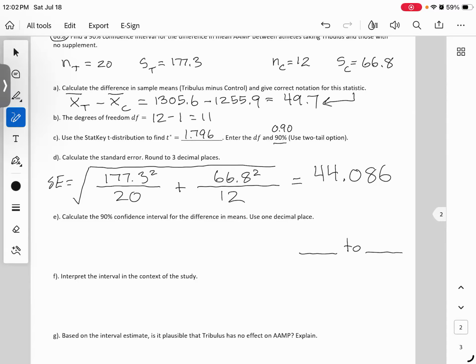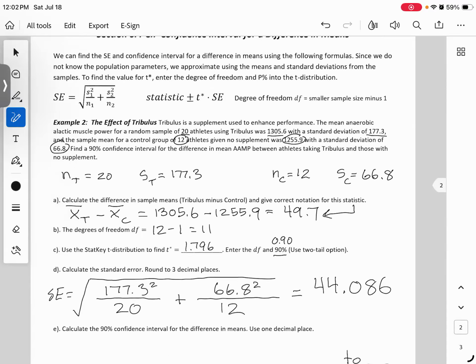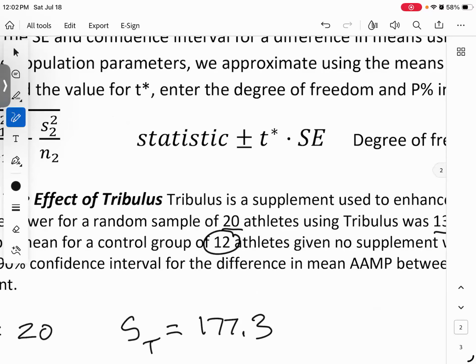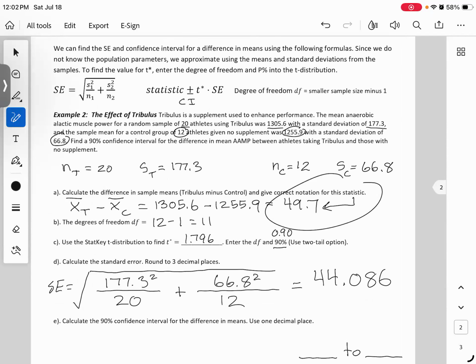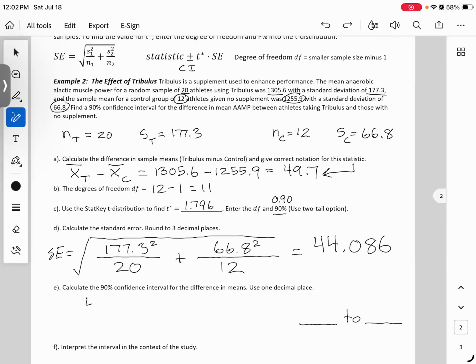But let's use this now. The reminder of how to calculate the confidence intervals here: we have our statistic, which is the 49.7. We're going to do 49.7, but we're going to do a minus version and a plus version, where the T star is the 1.796.